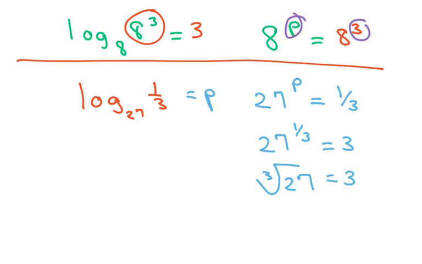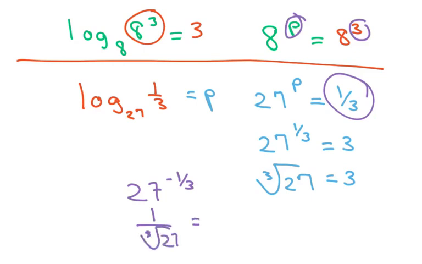But I have 1/3, so it's going to be 27 to the negative 1/3, because that would be 1 over the cube root of 27, which is 1/3. So my p is negative 1/3.